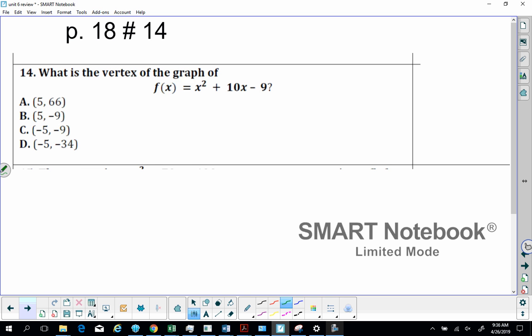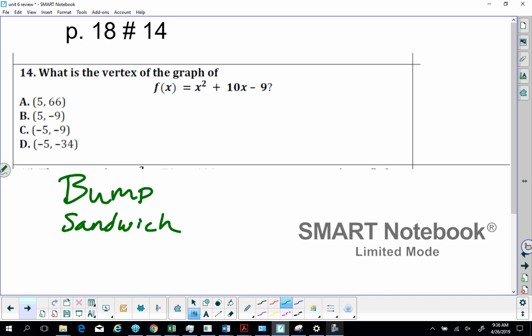Once you have it in the table, what are you looking for? You're looking at these points, you're trying to find your bump, or what I like to call it is a vertex sandwich. Whichever one helps you remember.